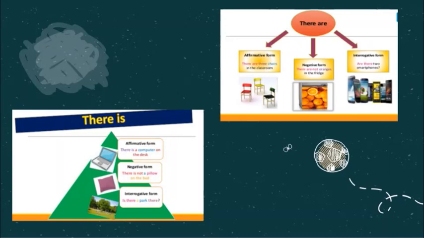Next, for negative form, we will use there are not oranges in the fridge, or we can also use there aren't oranges in the fridge. In interrogative form, we will be using, are there 2 smartphones? Okay, good.